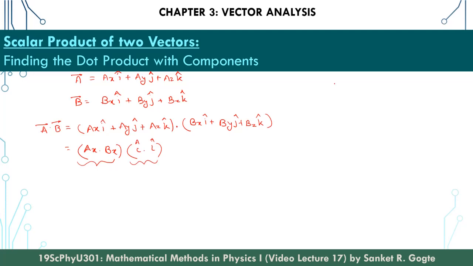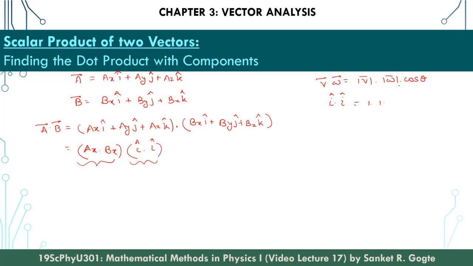Now by definition, the dot product between two vectors V and W is mod V into mod W into cos theta. Therefore, when we find the dot product between two same unit vectors, it is 1 into 1, and since the vector is the same, the angle between the two vectors is 0 and cos 0 is equal to 1.